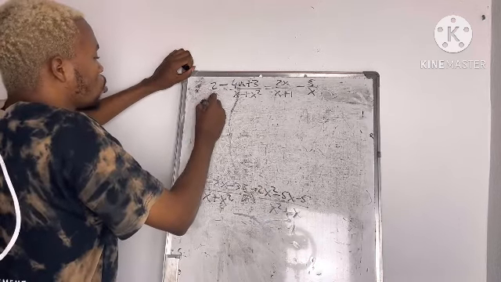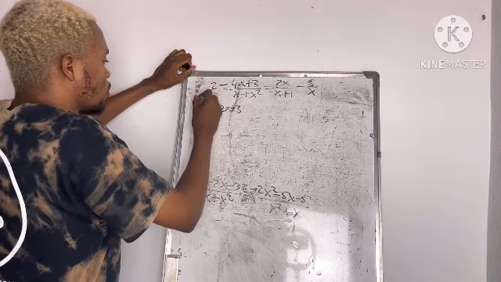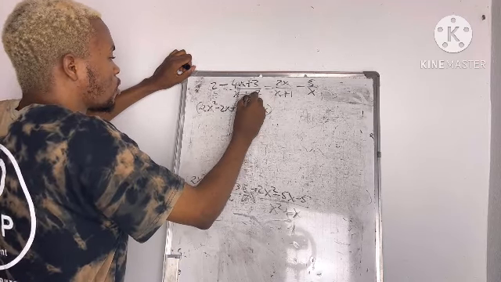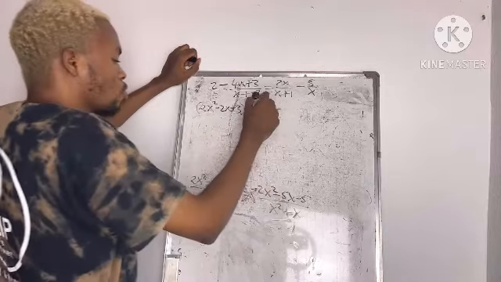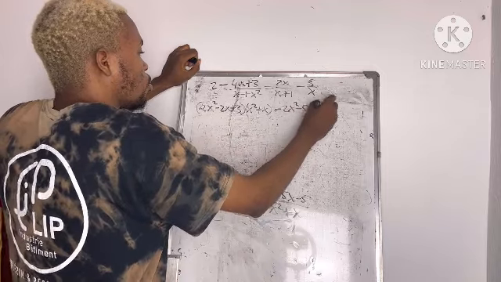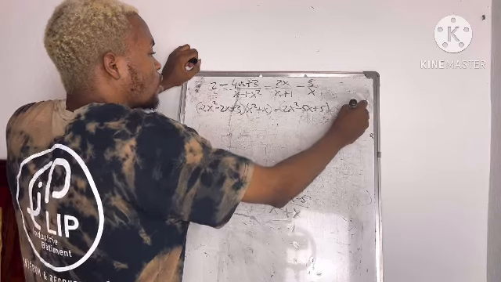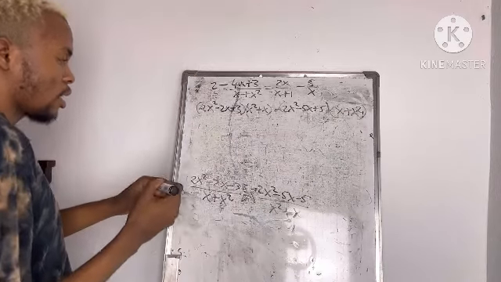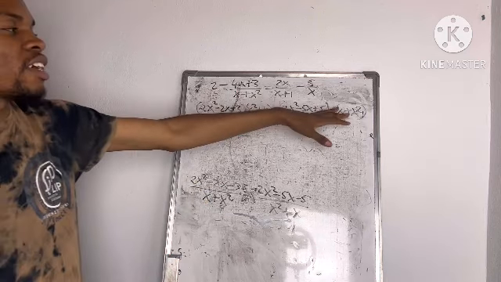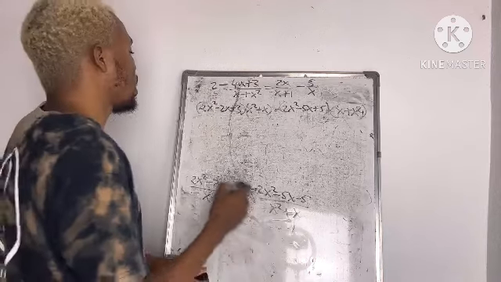So you have 2x squared minus 2x plus 3 times x squared plus x, equal to 2x squared minus 5x plus 5 times x plus x squared. Looking at this, you see x squared plus x and you have x squared plus x still on the right hand side. So from here you can divide both sides.